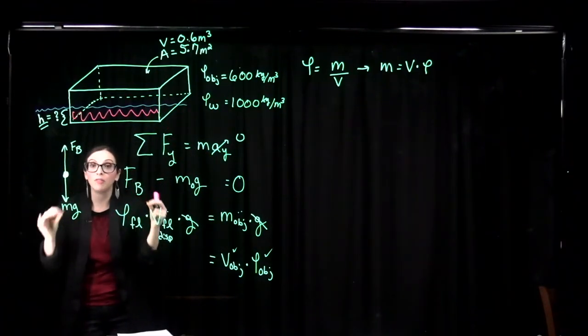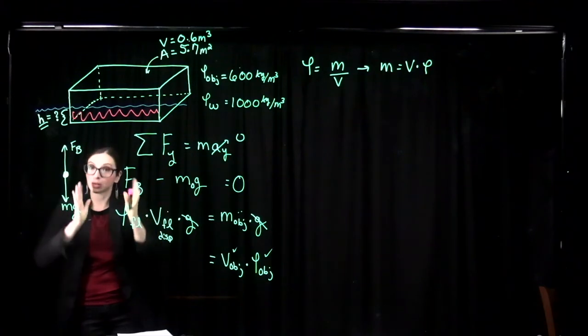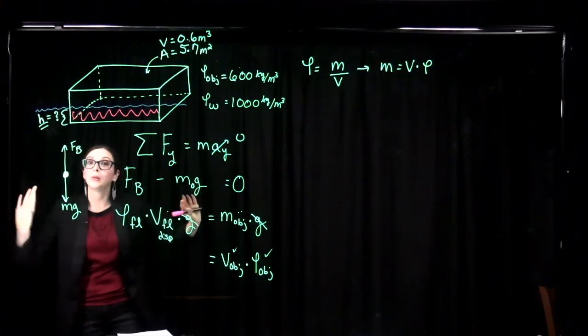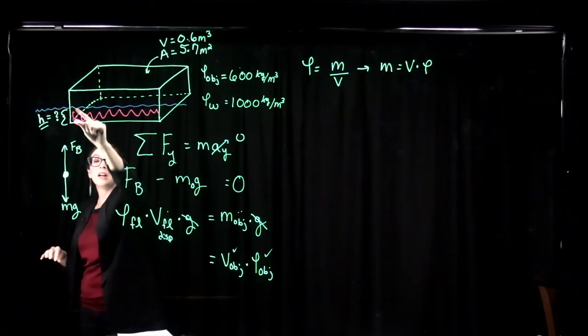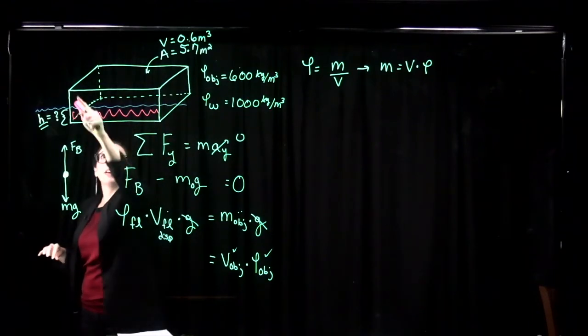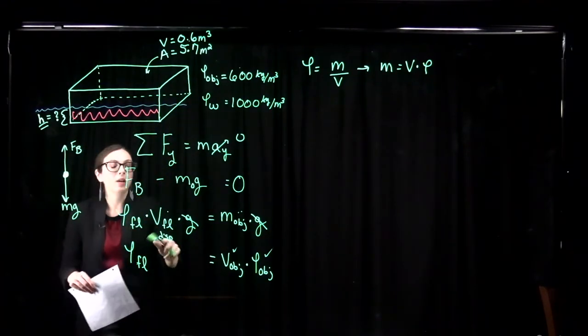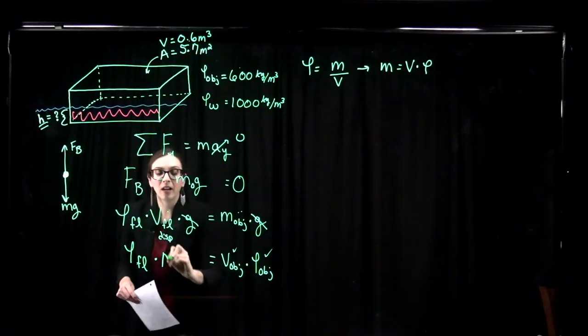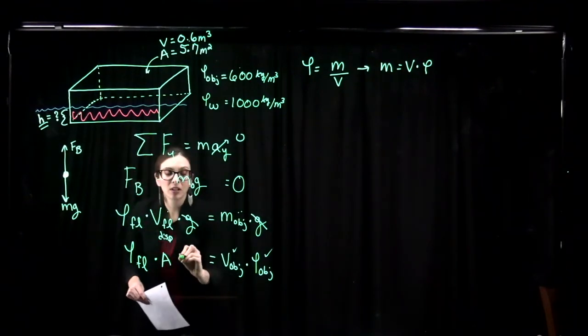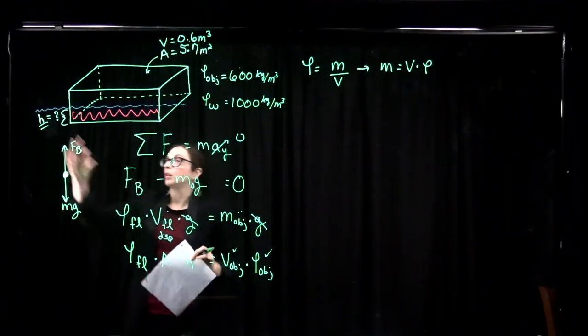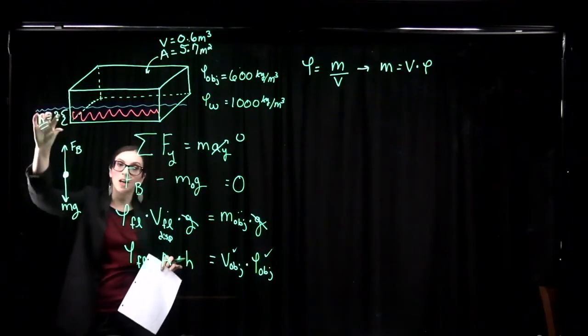That volume is this height here times the cross-sectional area of my raft. Where I see the volume of my fluid displaced, I can replace that with the cross-sectional area of my raft times h, the height that's going to be underwater.